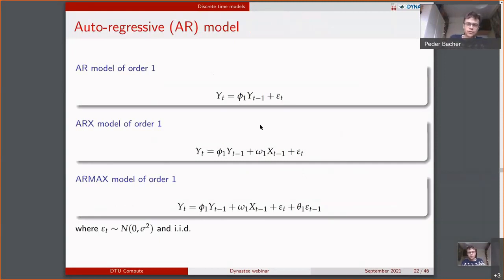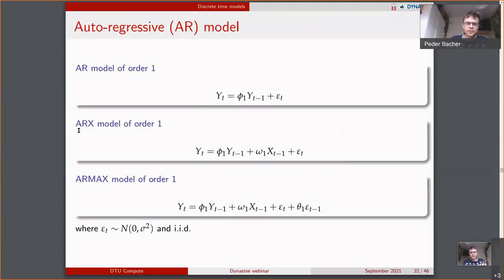So let's look at these different categories of classical linear time series models. The AR, autoregressive model of order 1, looks like this. It just takes the previous value of the output times some coefficient, with no input variables.